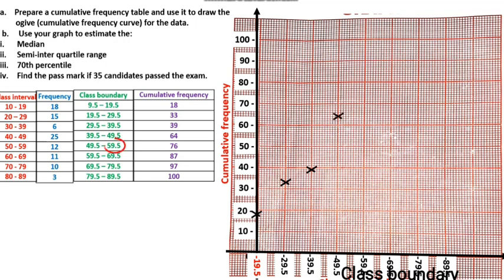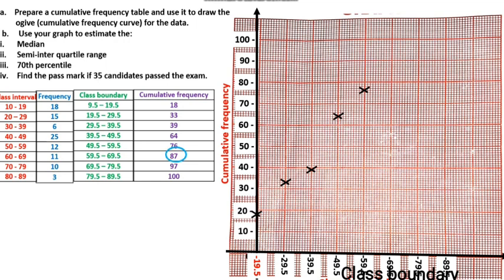Okay, for 59.5, the frequency is 76. So on the graph, we are going to locate 76 and then put a cross on that. For 69.5, the cumulative frequency is 89.